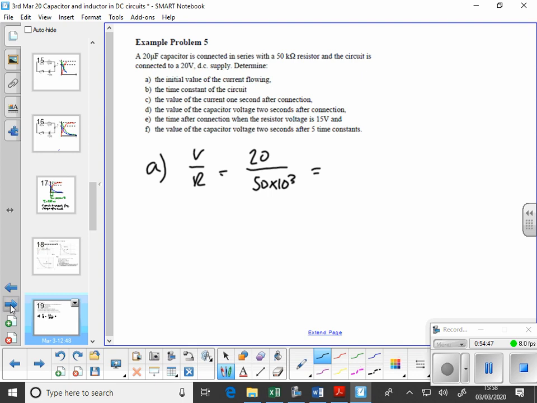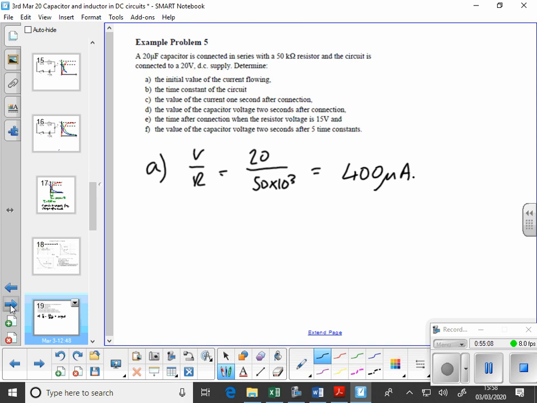That's 400 microamps, or 0.4 milliamps. Actually, you'd probably say 400 microamps, 400 times 10 to the minus 6. Not very much.